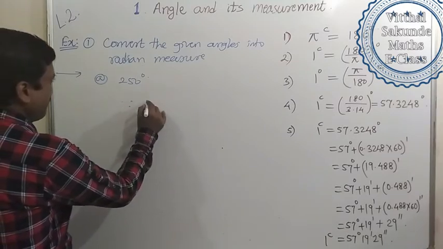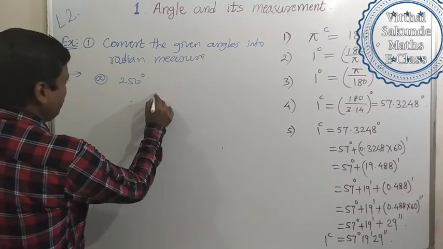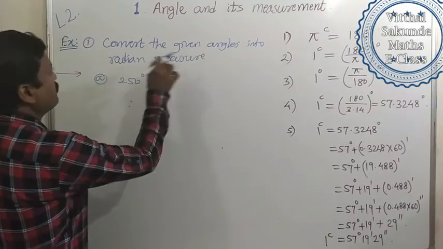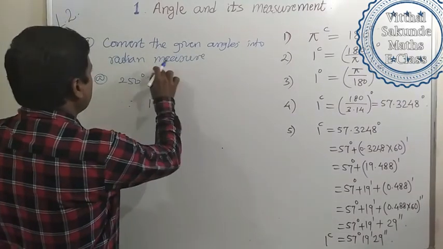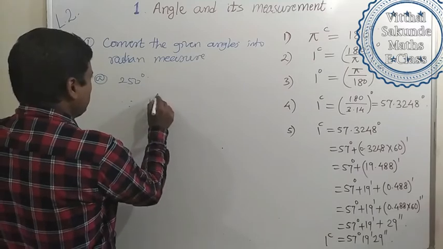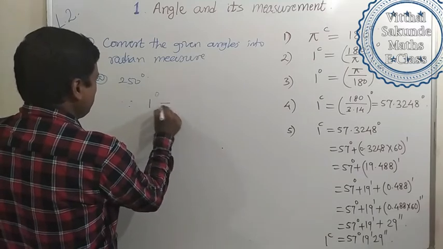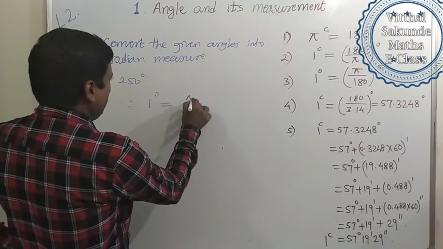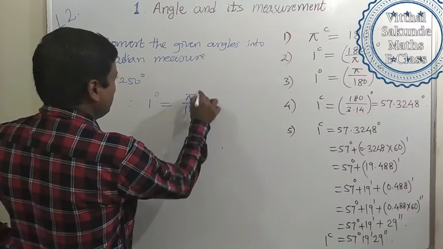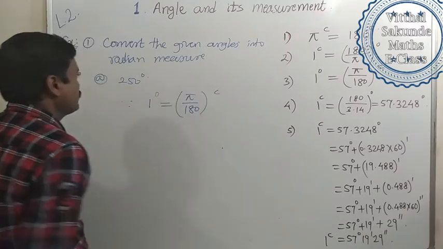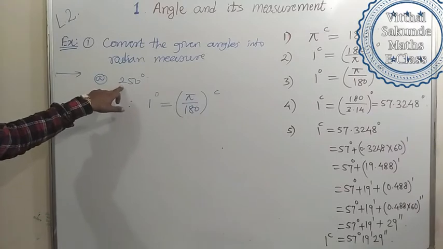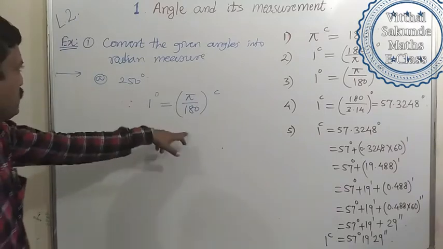We have to convert 250 degree into radian measure. So 1 degree is equal to pi by 180 radian. Now we want to convert this 250 degree, so multiply both sides by 250.